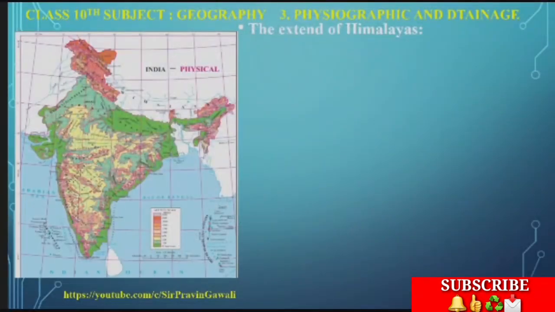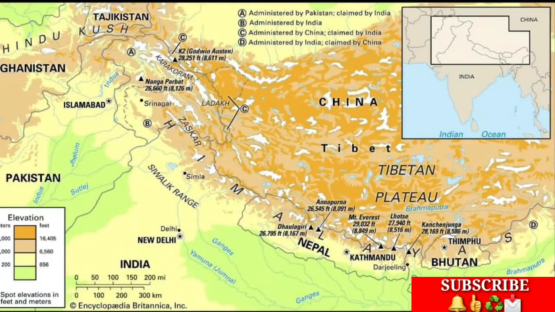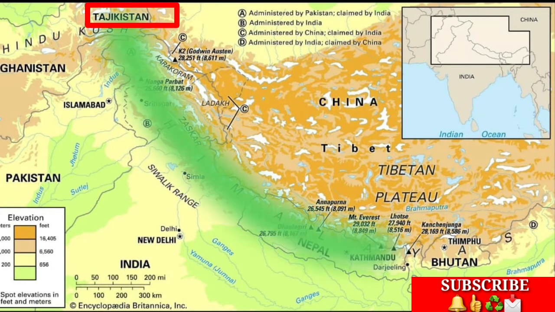Dear students, now let's try to understand the extent of Himalayas. Students, it extends from Pamir Knot in Tajikistan to the east. Tajikistan is a landlocked country, the smallest country in Asia. Students, here it is very important to understand that Tajikistan is a separate country.